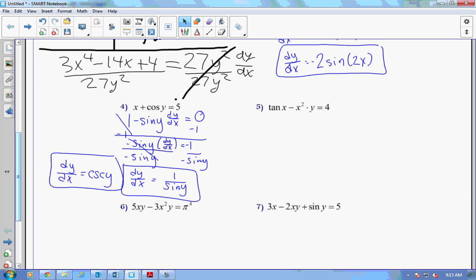Ooh, I don't have a tangent. Let's see. 2xy, okay. Minus secant squared x, that should not have a y. You need to take the derivative of tangent. I don't think you ever took the derivative of tangent. But the product rule applies to this part, because that's being subtracted.